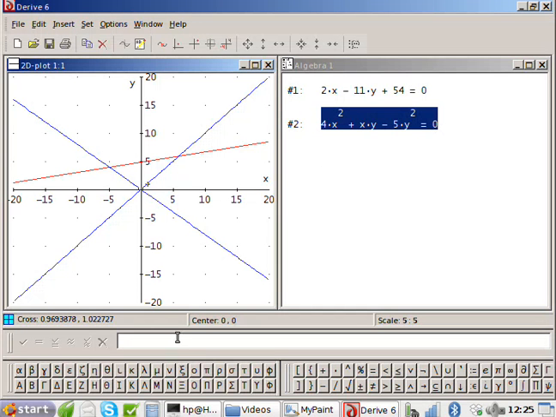Remember that y equals 2 over 11 x plus 54 over 11. So I need to use this now to get the y part.